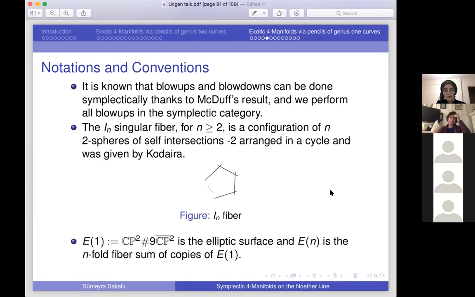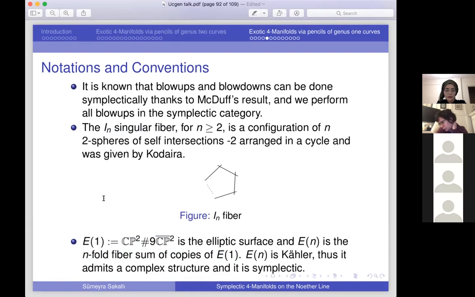And this singularity is given by Kodaira. And another notation, E(1). We call this manifold, CP2 blown up at 9 points, E(1). These are elliptic surfaces because they admit elliptic fibrations over S2. And E(n) are coming from E(1). There is another operation, we call this fiber sum, and inductively, we produce such bigger manifolds.